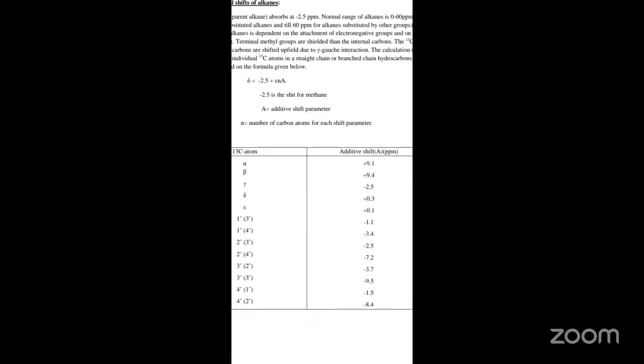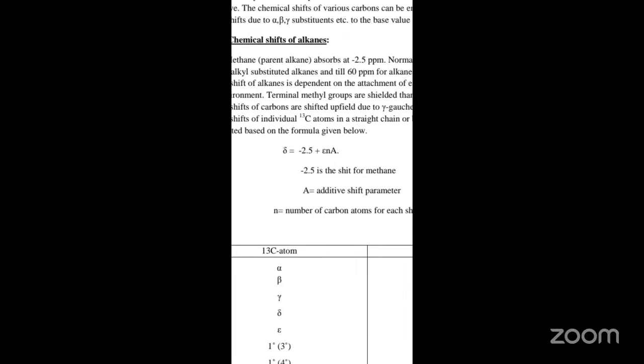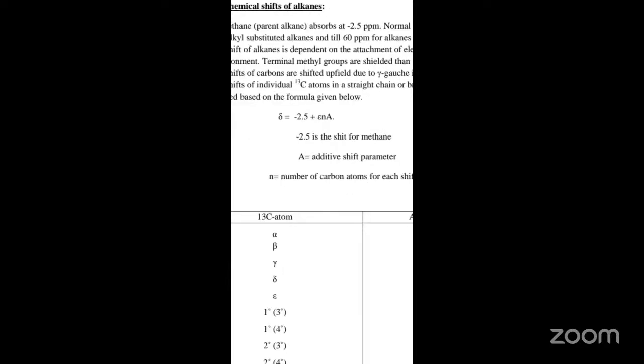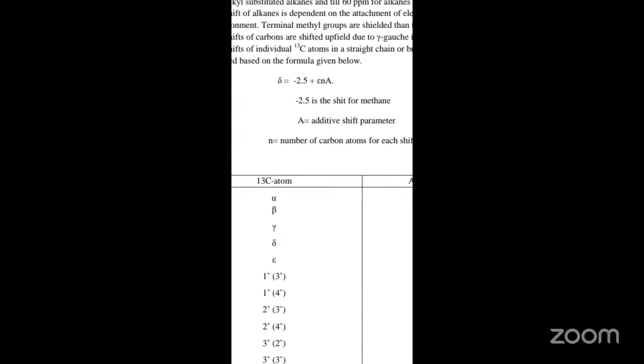And we have additional values here. To calculate the delta values, we have the formula: delta equals minus 2.5 plus the summation of N times A. Minus 2.5 is the chemical shift value for methane here, A is the additive shift parameter, and N is the number of carbon atoms for each shift parameter.